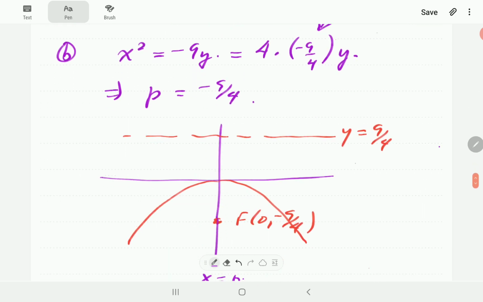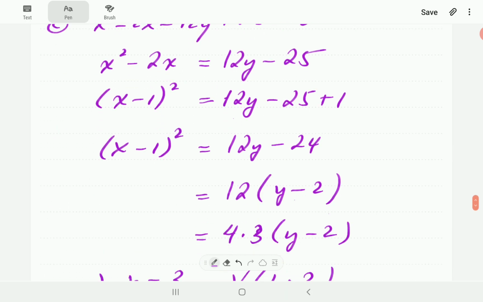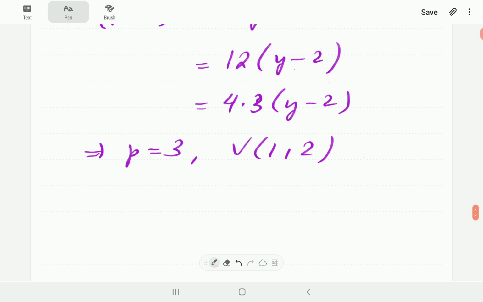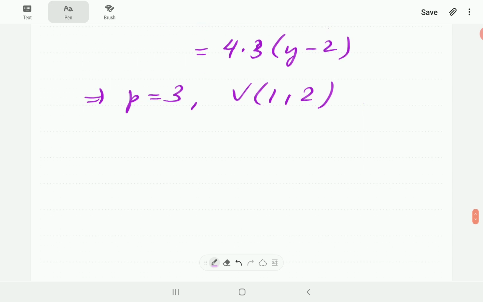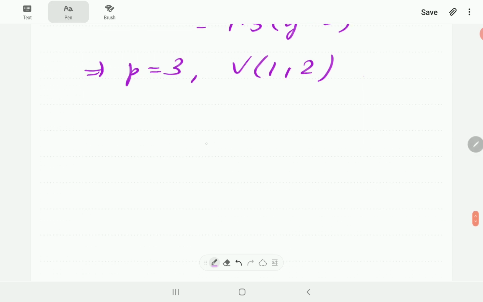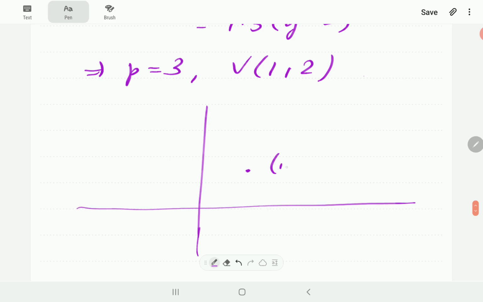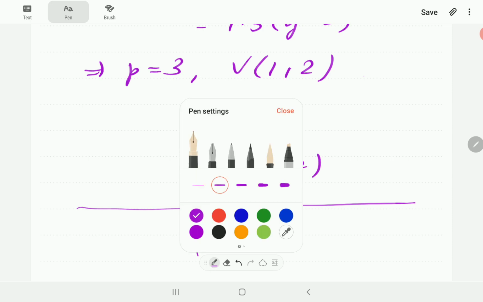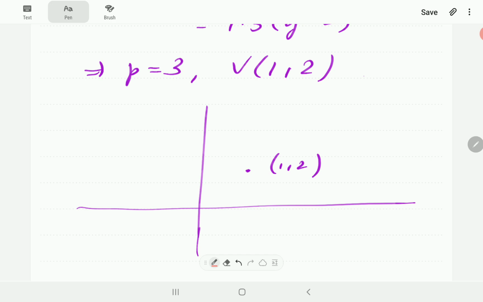And since it's the x that is squared, the axis of this parabola is vertical. So if this is 1, 2, okay, p is positive, so this thing is opening upwards.